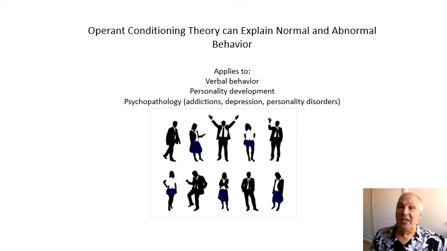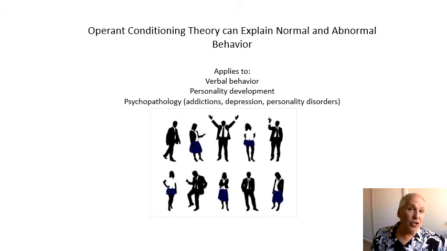Personality development. Antisocial personalities have learned that when they're aggressive or harm other people in some way, they get what they want. A lot of times, if you look at a combination of biology and environment, you can understand how things develop.